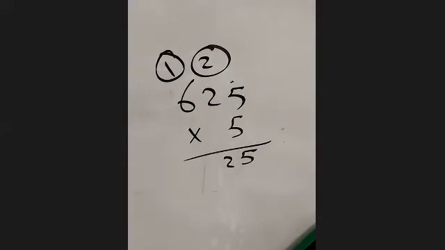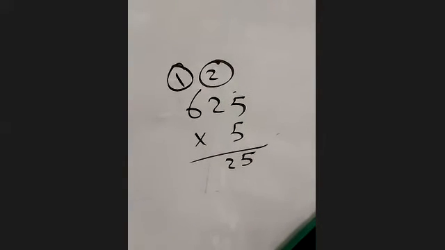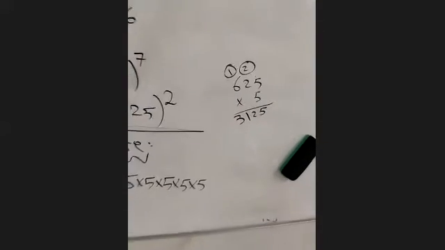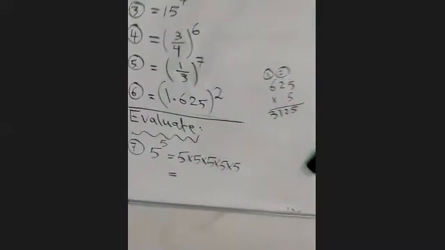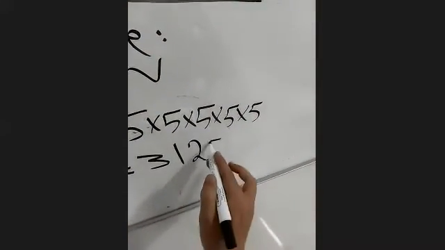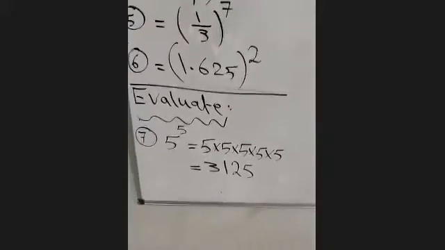Then 5 multiply 6 is 30, so it's 31. Because we added. So the answer is 3,125.